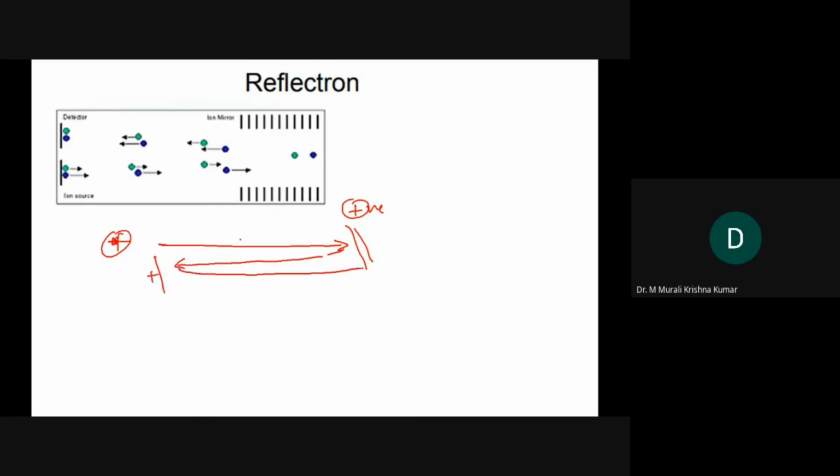It goes back, and then it comes back, and then you have a detector over here. By the time the ion reaches the detector, how many times has it crossed the tube? It moves from end to end 1, 2, 3, 4, 5, 6 times. As I told you, resolution is directly proportional to time of flight, so resolution can be increased by 6 times by making use of reflectrons.